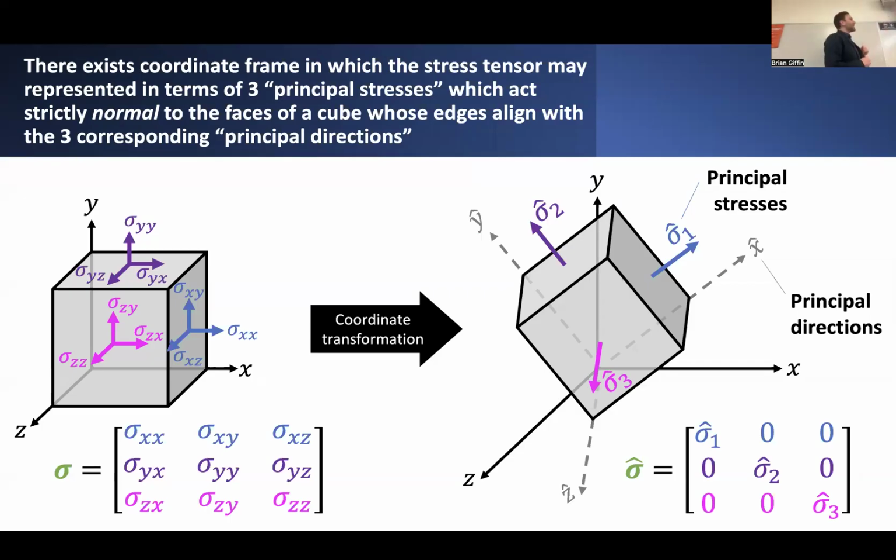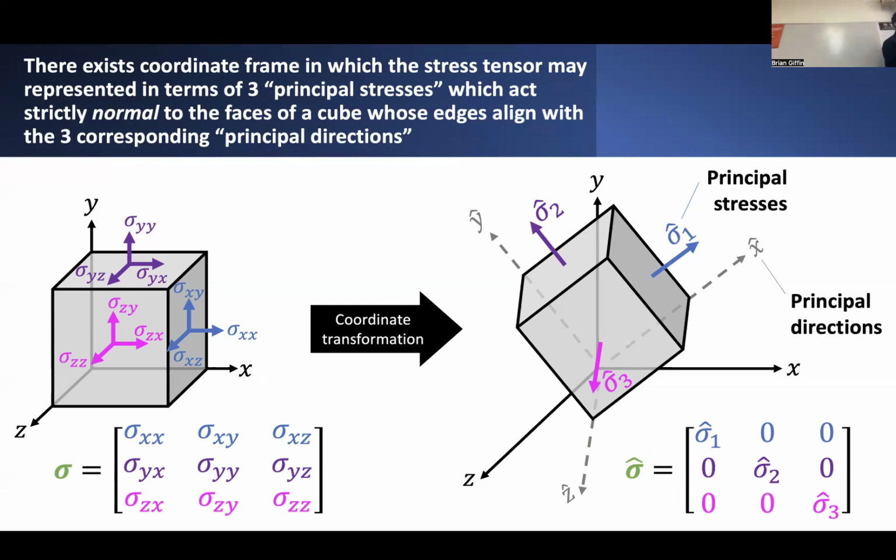So the main idea that I want to present, again, a little bit of a detour, but stay with me. The idea is that suppose I had some block, and I can express the stresses that act on different faces of this block using different components of the total stress tensor that this block of material would see. So I can choose some coordinate system, with X, Y, and Z axes.